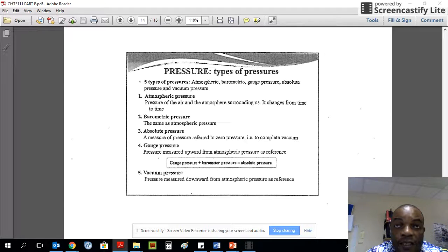Air is exerting a certain force on everything on Earth. Now that force divided by the surface area leads to atmospheric pressure.